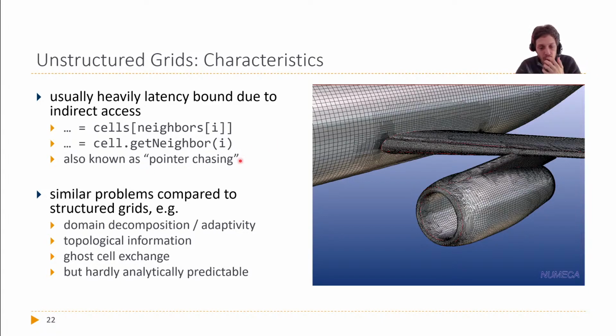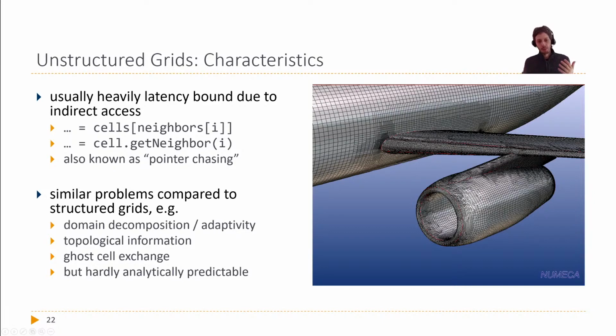Essentially what you're doing is pointer chasing. You have like a linked list, a certain cell, you ask what's the neighbor, you might ask even the next one what's the neighbor, and then you only access the data for this one, and you probably have, with accessing one pointer, accessing another pointer, twice the latency of going to main memory because the data was not in the cache, compared to accessing adjacent elements.